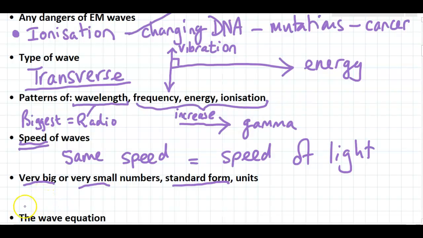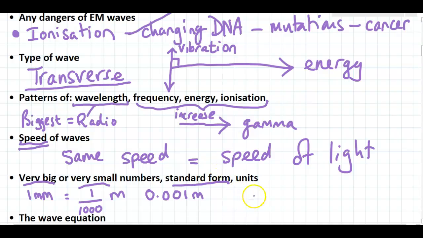So if I said I've got 1 millimeter, that means 1,000th of a meter, or 0.001 meters. Okay, so you could have millimeters, kilometers, centimeters.